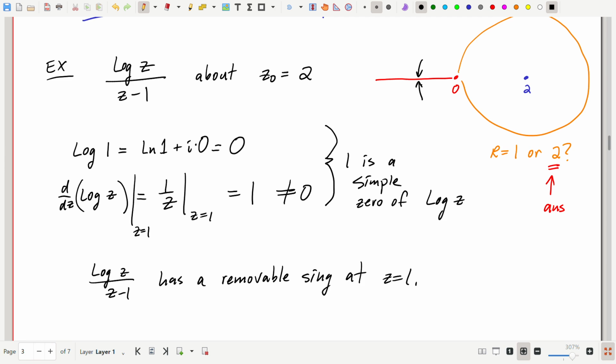And if the Taylor series converged to the function on a bigger disk, it wouldn't have a jump between those two sides. So there's no way I can make it analytic on a bigger disk than that. Plus log goes bonkers at 0. It's an even uglier singularity than a pole. So it can't converge on a bigger disk because then I would get contradictions there.